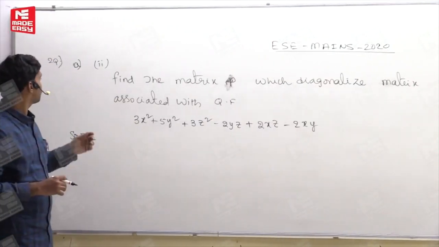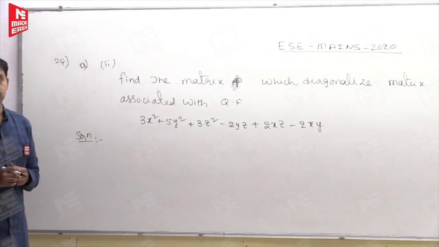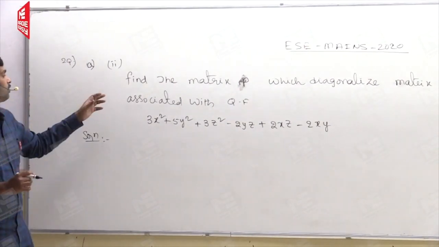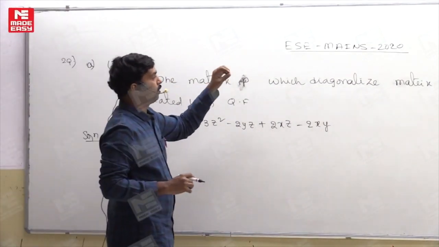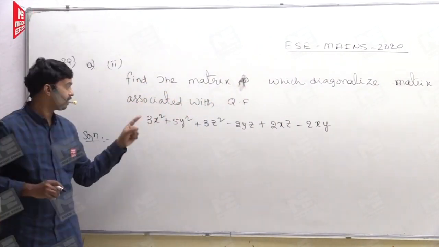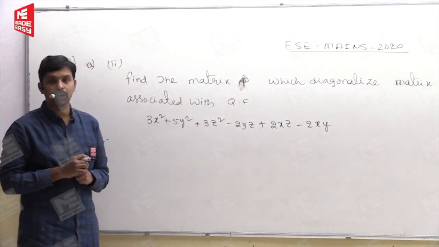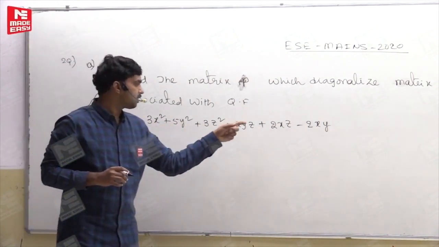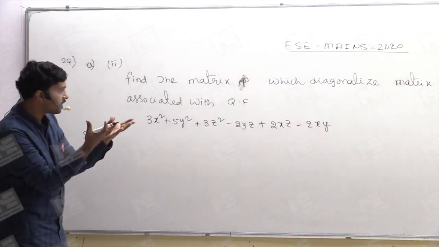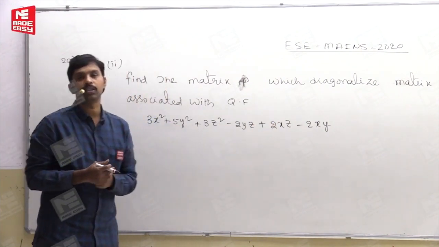Now, the second question from the mathematics side: find the matrix P which diagonalizes the matrix associated with this quadratic form. First we have to find out what matrix is associated with this quadratic form.